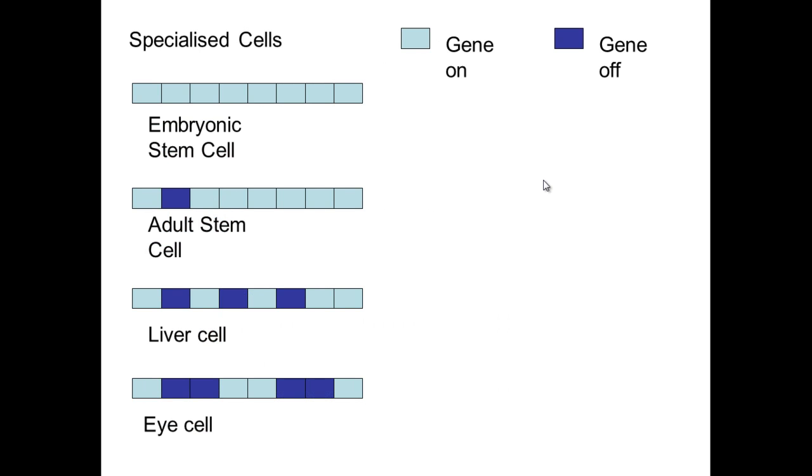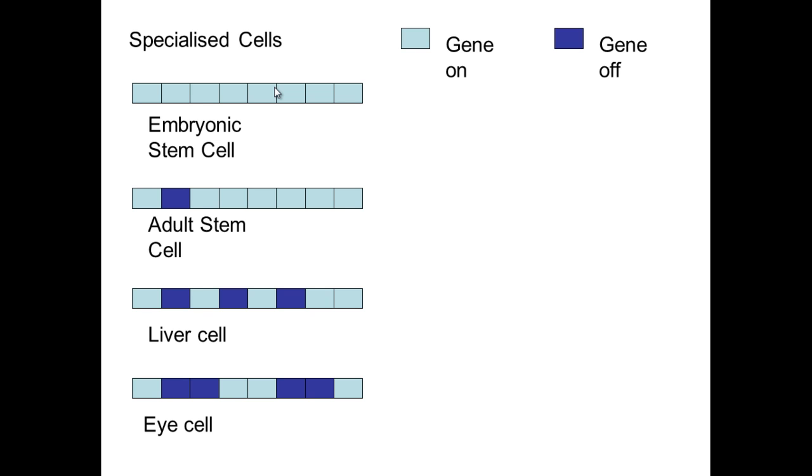And so on this slide you can see here that if these represent the genes found within those cells, then in embryonic stem cells they're completely switched on. So there's none of the genes switched off, and so that cell has the capability to turn into any type of cell. Now we do have types of stem cells found within adults, and not just in embryonic stages of life.